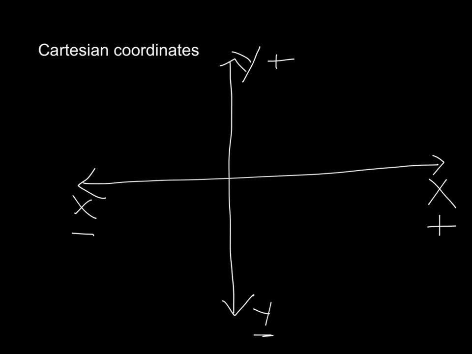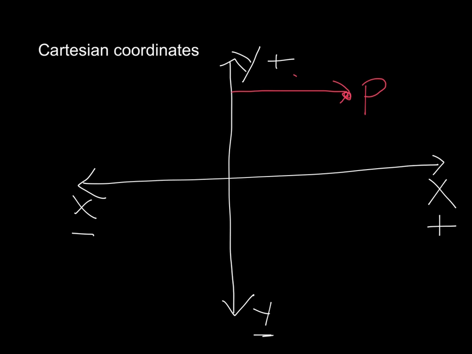Now let's suppose we have a point over here. Let's label that point P. We need to specify where P is. We need to give P a coordinate, and quite simply the coordinate of P is how far across in the x direction we've gone.